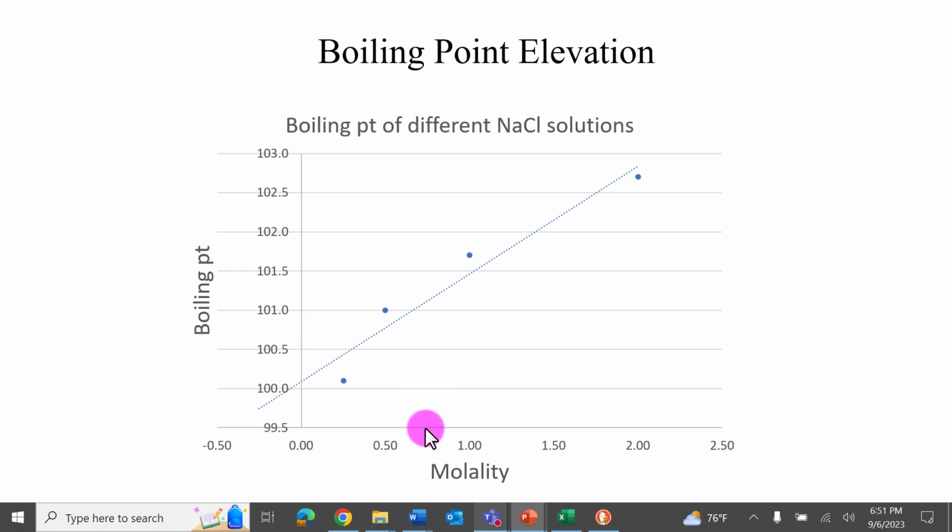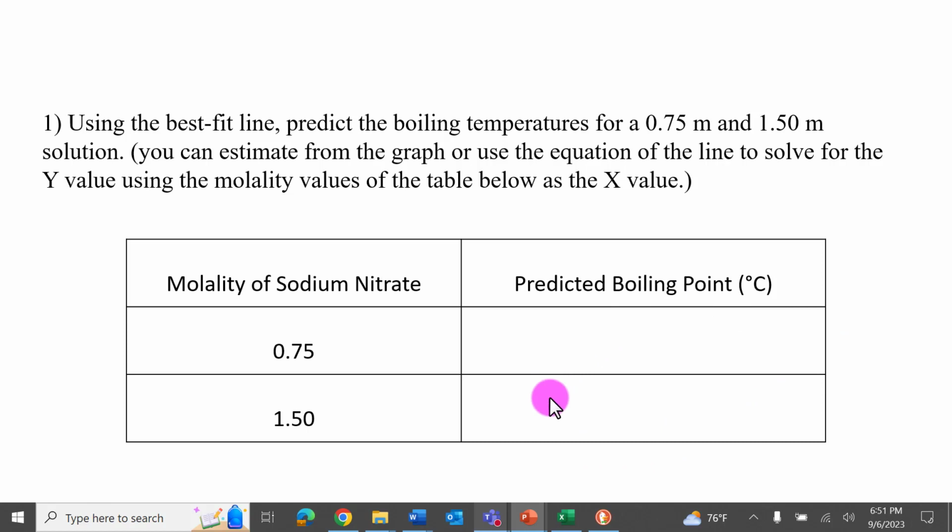So find the molality here, go up till you hit the line, and then go parallel till you cross the boiling point and estimate what that temperature is going to be. Then fill them out here as the predicted boiling points of these solutions.